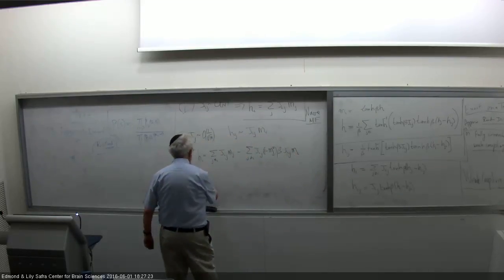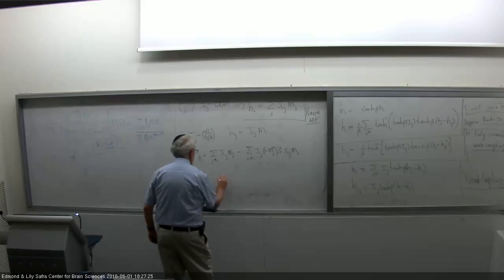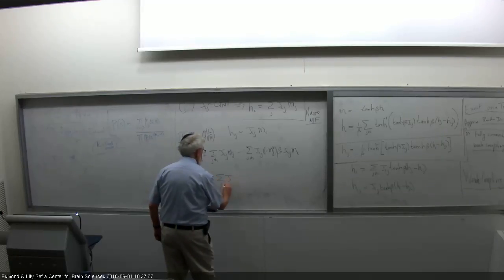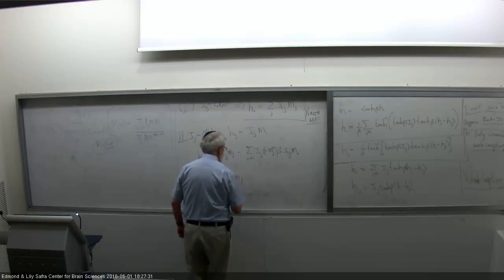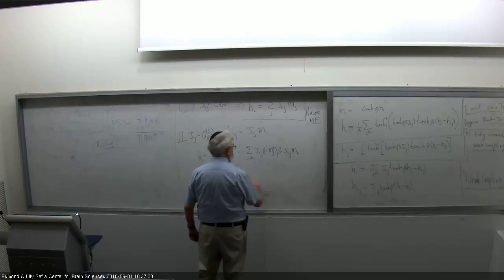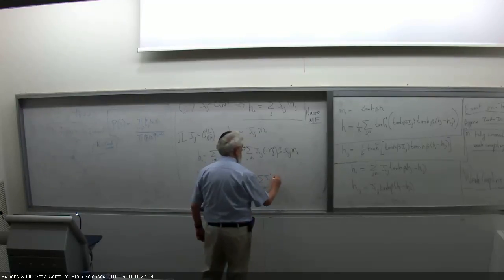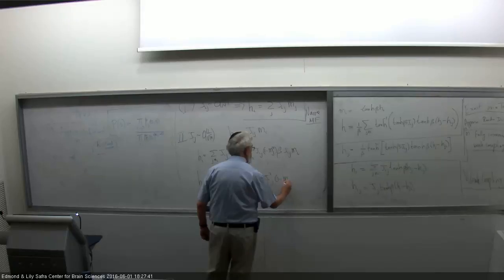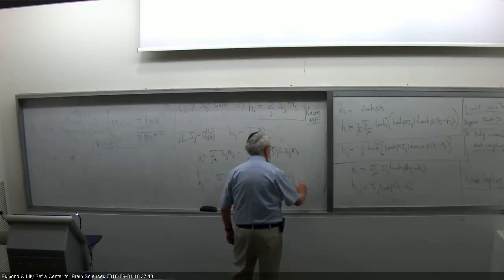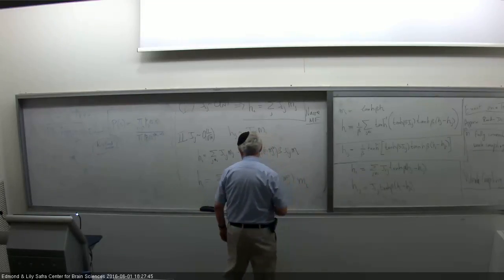So finally we get that h_i is sum over j J_ij m_j, the naive mean field, minus beta times sum over J_ij squared times 1 minus m_j squared, all this multiplied by m_i.